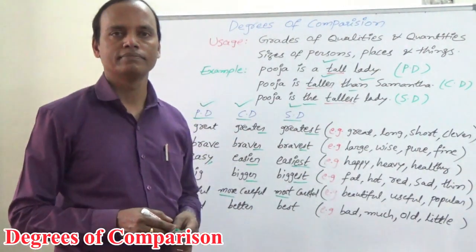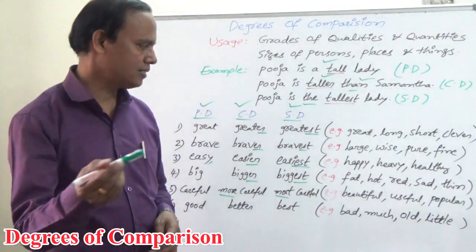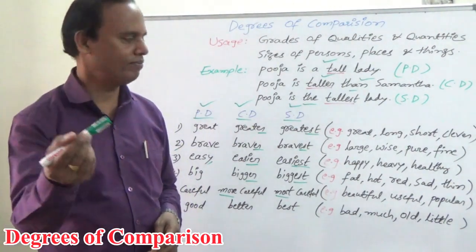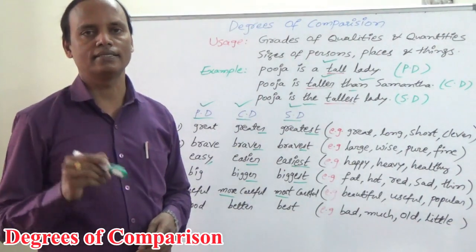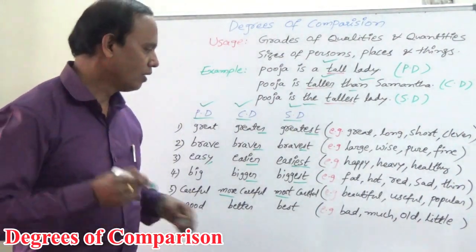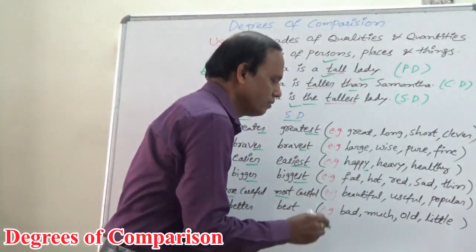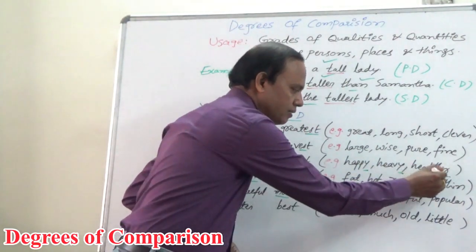Happy. Then you can say after me, happier, happiest. Heavy. Come on. Heavier, heaviest. Healthy, healthier, healthiest. Alright, students, you can see here the positive degree words end with the letter Y.